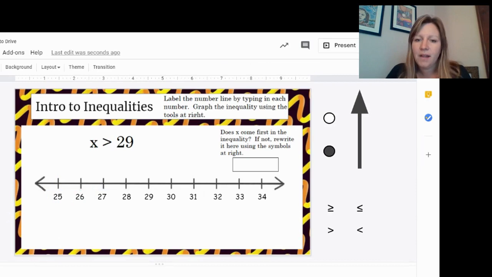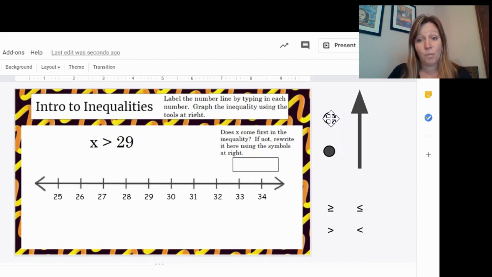Now the next thing this says is graph the inequality using the tools at right. You're going to notice a couple of things. First off, I have these circles. An open circle is for when we have something that is strictly greater than or strictly less than, meaning it doesn't include the number itself.